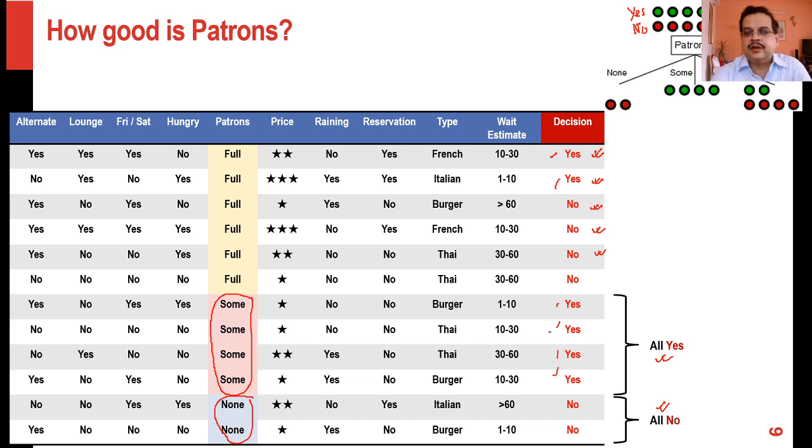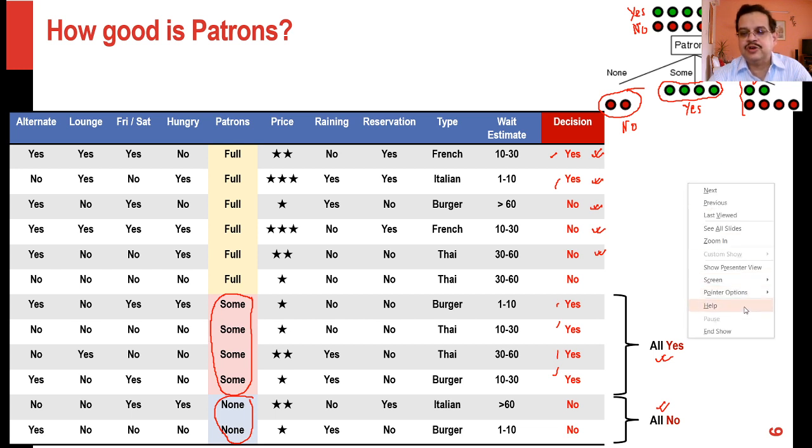Okay. Now when I choose patterns as the root variable, then here for none I get only no's, for some I get only yeses. So that means that I can immediately mark this as a yes leaf node, I can mark this as a no leaf node, and here I still have indecision, in the sense that there are 2 yeses and 4 no's, right? So we need to look at other variables. So patterns from this point of view seems to be a good choice.